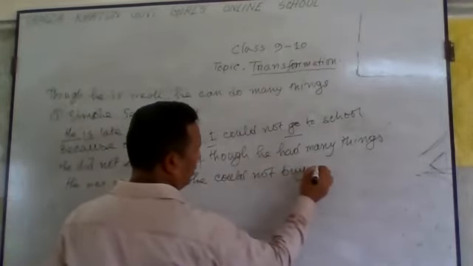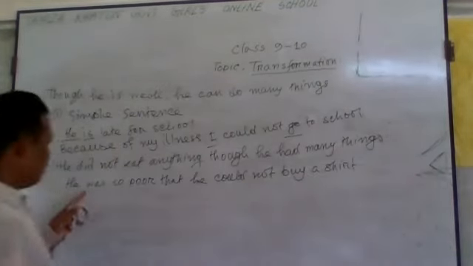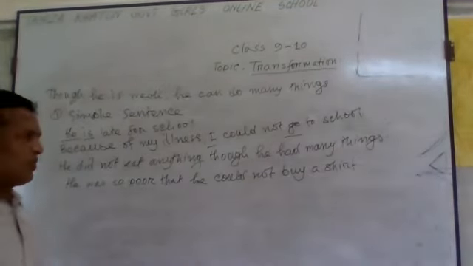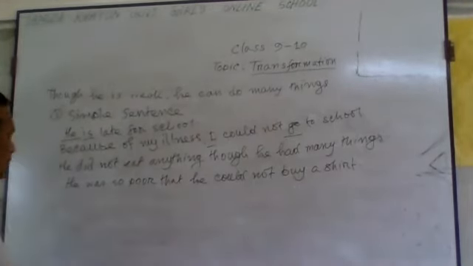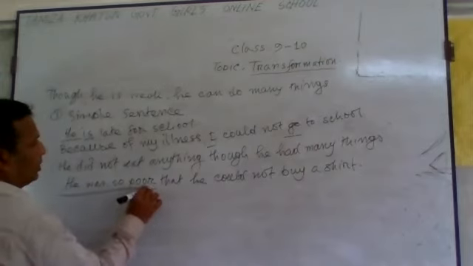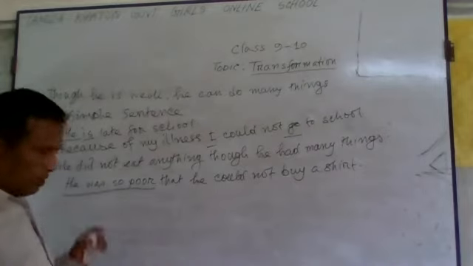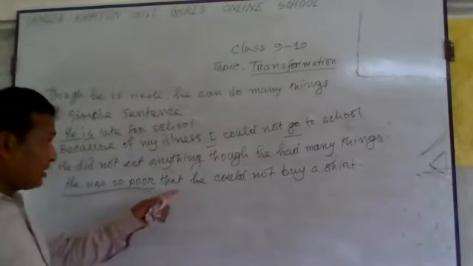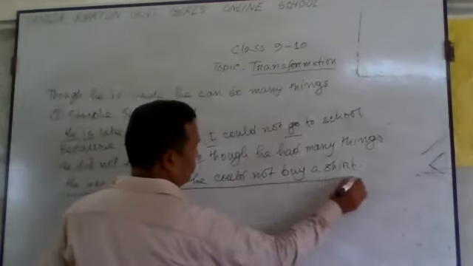Why? Sir, you are so poor that he could not buy a shirt. Look at the sentence. You are so poor. This is the principal clause. That he could not buy a shirt, that is the subordinate clause.